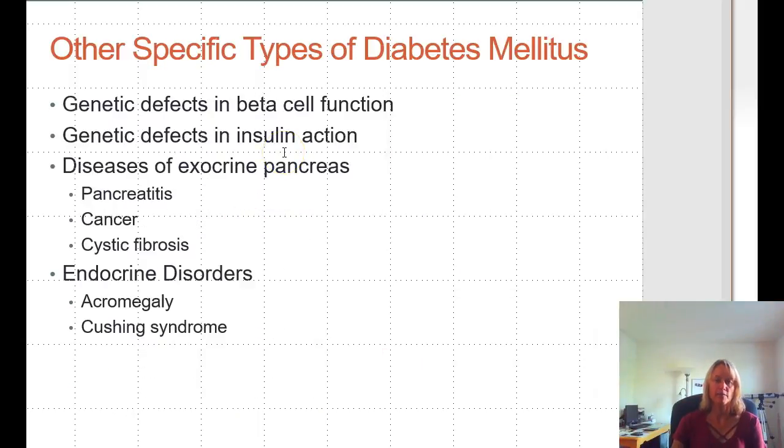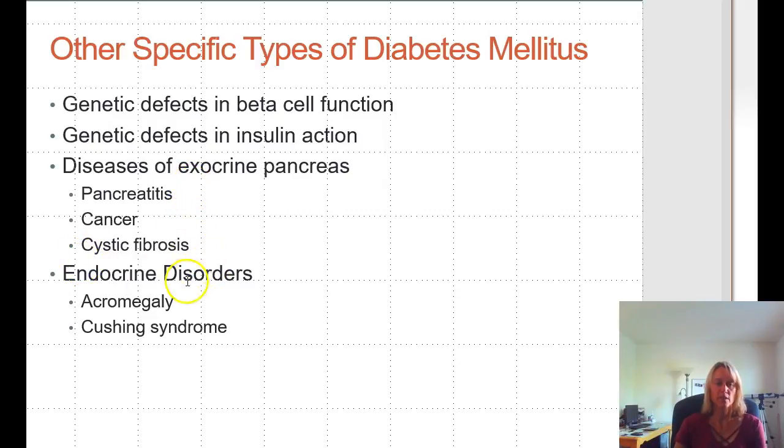Okay, there are other types of diabetes mellitus, which include causes from genetic defects in beta cell function, genetic defects in insulin action, and diseases of the exocrine pancreas, such as pancreatitis, cancer, or cystic fibrosis. Remember, all these things could damage the pancreas and then could lead to destruction of the pancreatic islets.